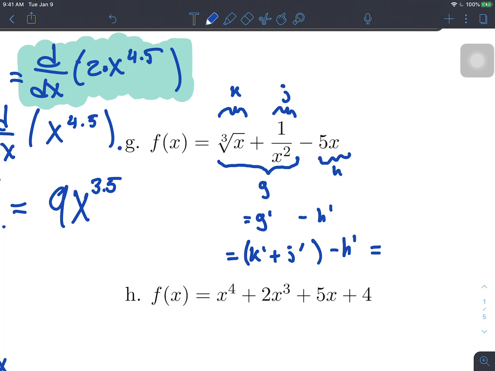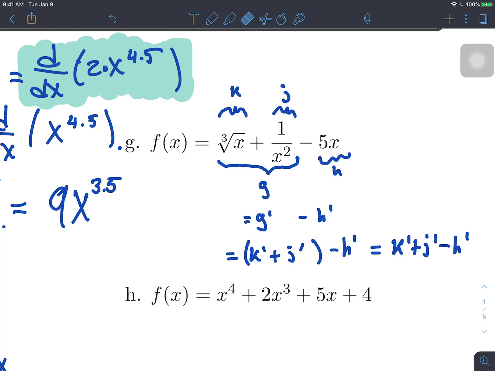The only thing we have to do is take the derivative of each thing and then either add or subtract the derivative of the next piece. So this would all equal k prime plus j prime minus h prime. Now we've determined that we can in fact use our sum and difference rule on sums of more than just 2 summands.